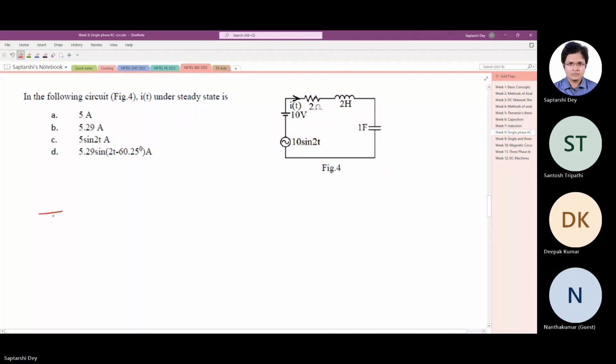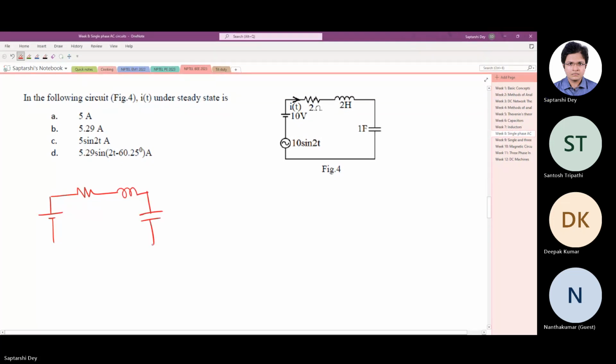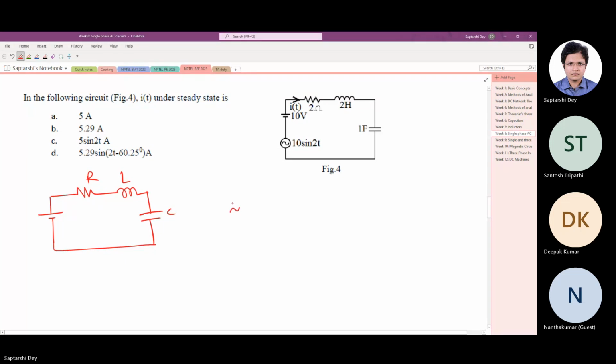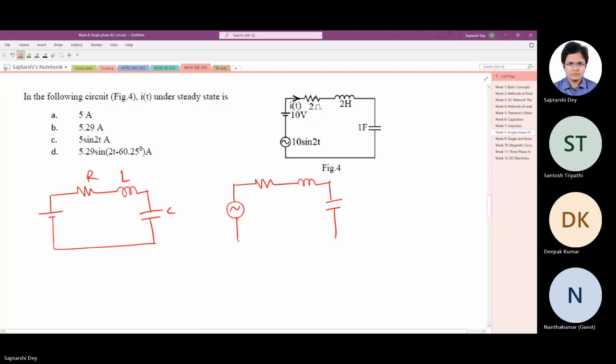So we will draw two circuits, one where only the DC source is present along with the RLC, and the AC circuit where only the AC source is present.